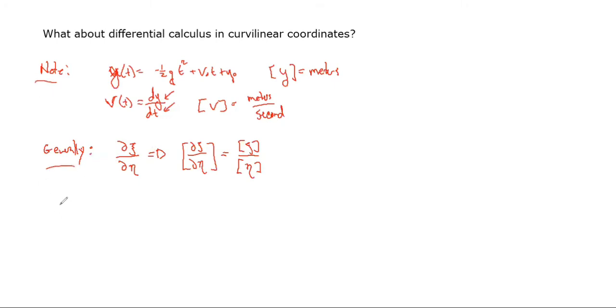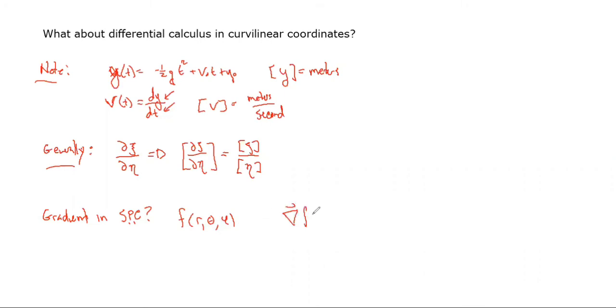units of these things. So what about the gradient? Let's say I ask, is this the gradient in spherical polar coordinates? I have some function f, and now I'm representing it in spherical polar, so it's f of r, theta, phi.